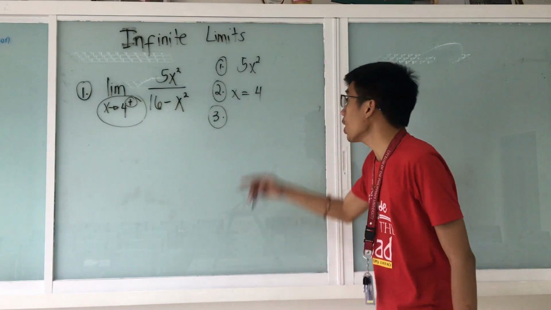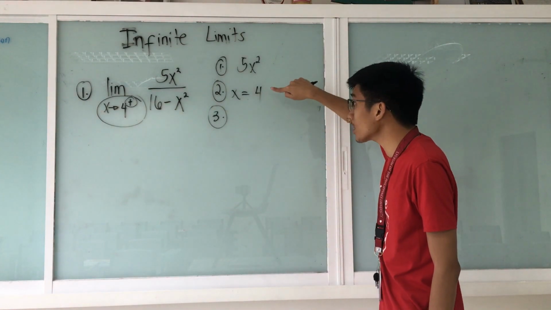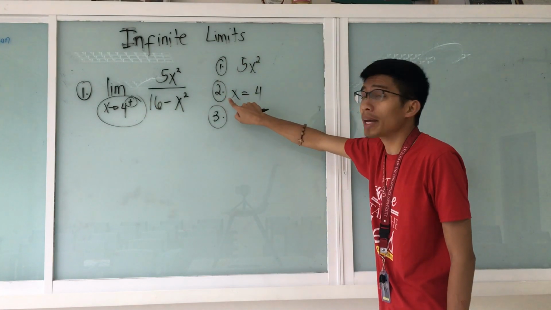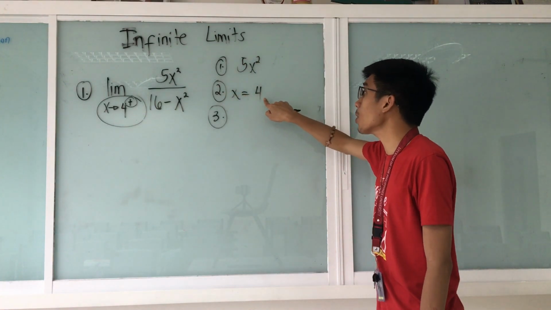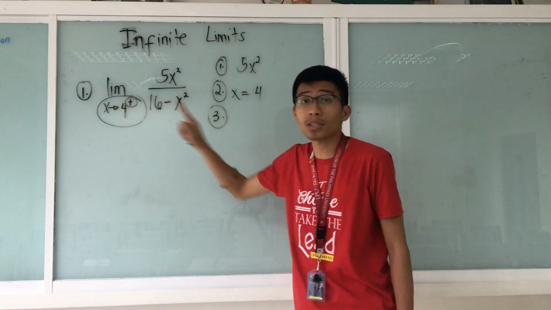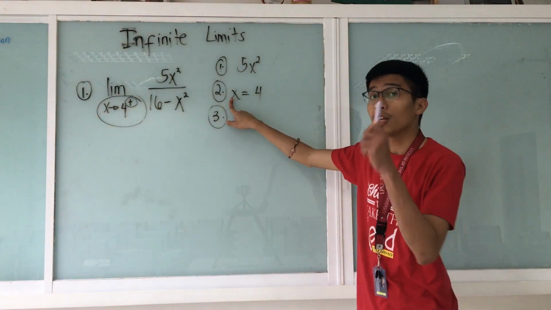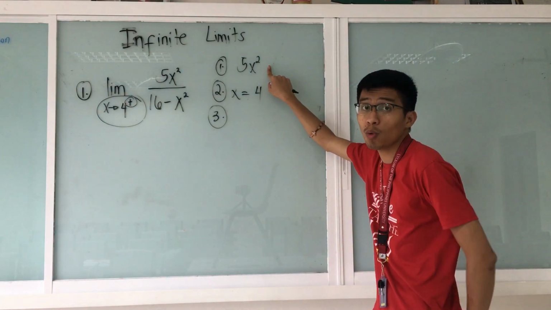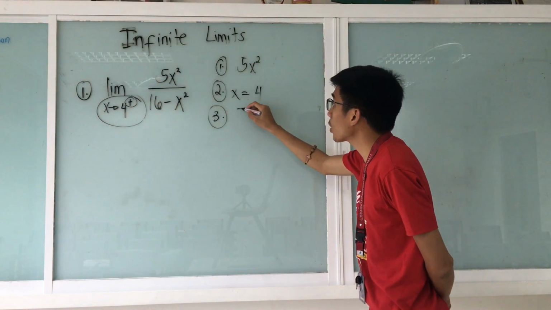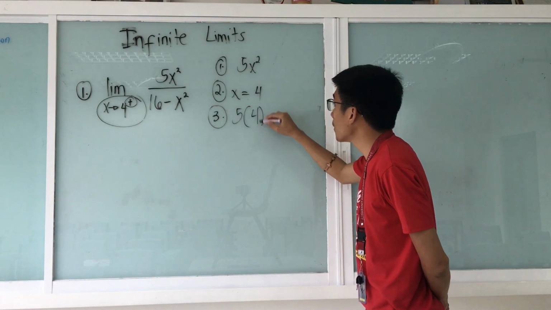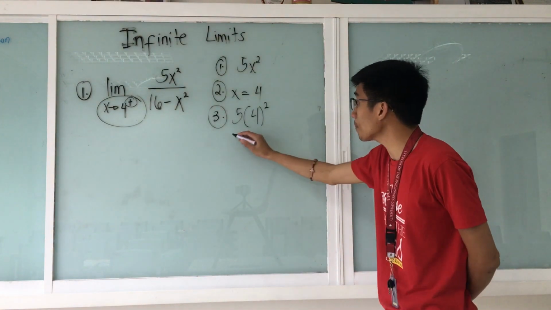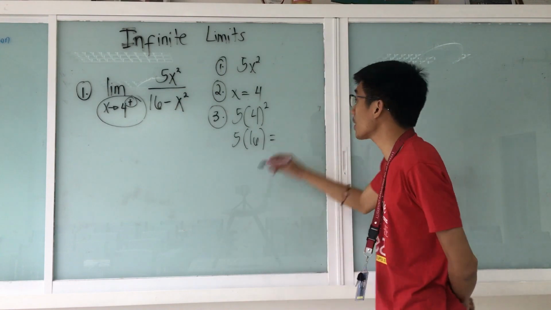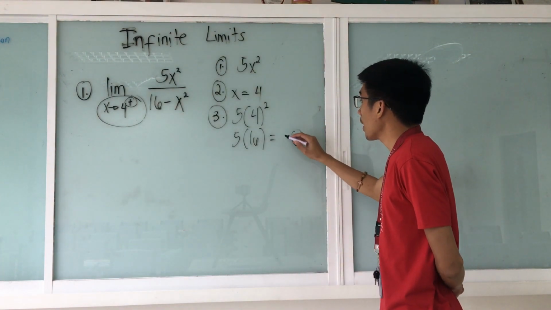For step number 3, you have to substitute your step number 2 into your step number 1. For step number 2, I consider x equal to 4 because my x approaches positive 4. That value of x is substituted into step number 1, which is 5x squared. It will become 5 times 4 squared, so 5 times 16, and 5 times 16 is equal to 80.